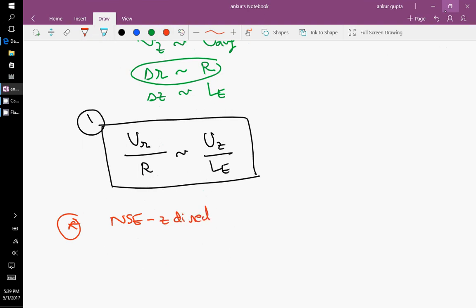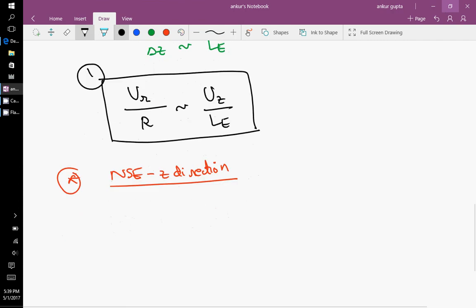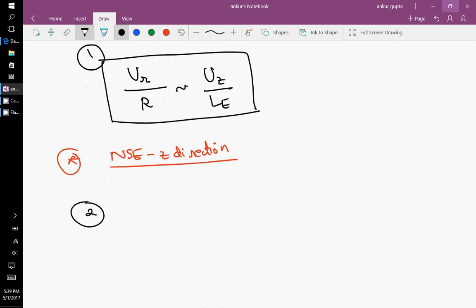I am taking the z direction, as you can recall in the class when we did the Navier-Stokes equation in the x direction, which gives us useful information about the scale of the boundary layer, right? So we'll take the Navier-Stokes equation in the z direction.